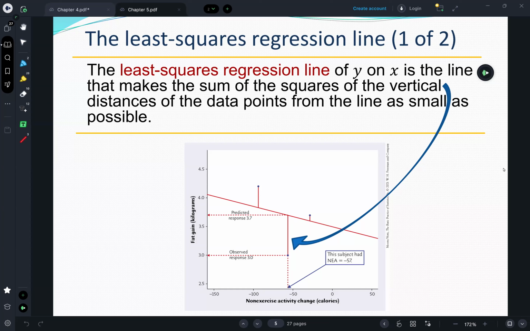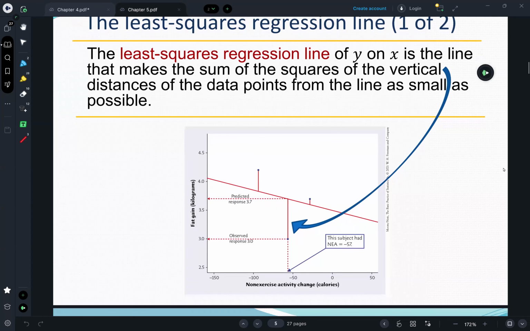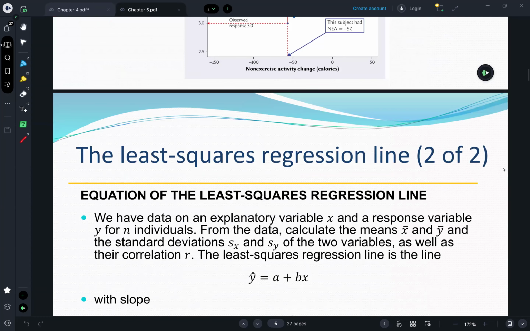So it's the sum of the squares of the vertical distances to the line, and we make that as small as possible, and that's how we know exactly where the line will be. Okay, and there's formulas for coming up with the line. We'll see in just a moment.